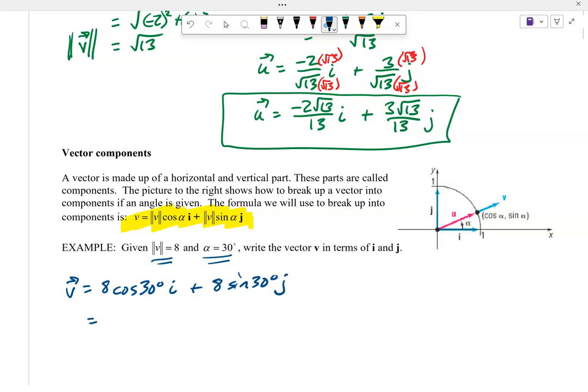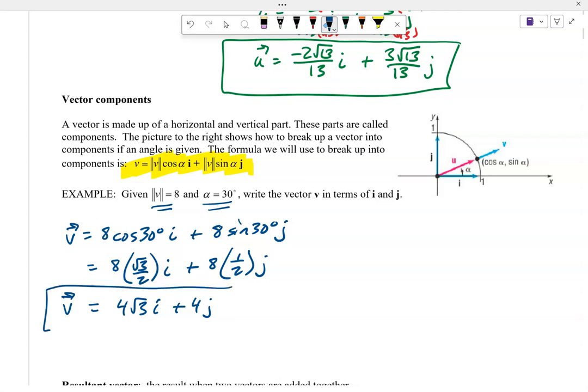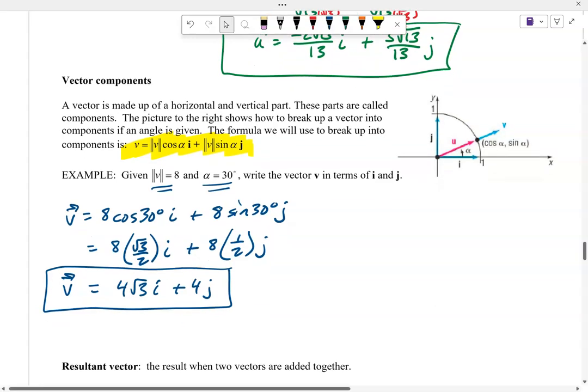The cosine of 30 degrees is root 3 over 2, and the sine of 30 degrees is a half. So we get 4 root 3 i plus 4j. That's the vector given the magnitude and that angle of 30 degrees.